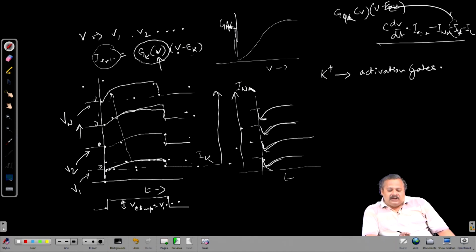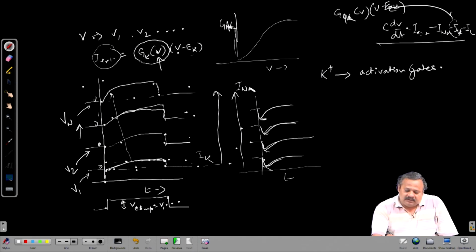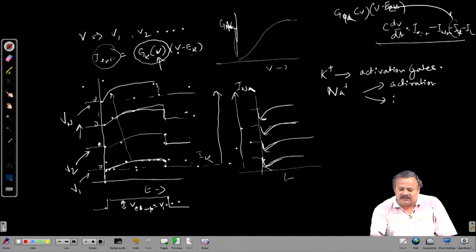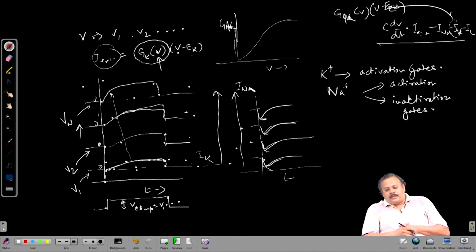On average, there is more opening of potassium channels as voltage increases. But in terms of the sodium channels, they proposed that sodium will have activation gates as well as inactivation gates. What we mean by inactivation gates is that if the voltage increases, the sodium ion channels start to close.